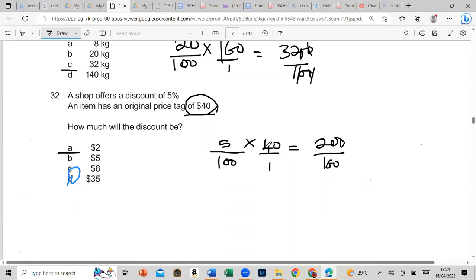And because it's 40, we multiply 5 times 40, which gives us 200, and then we divide 200 by 100, which gives us 2. It's the same thing that we had done to find 20% of 160. Do you follow now? Yes, sir.